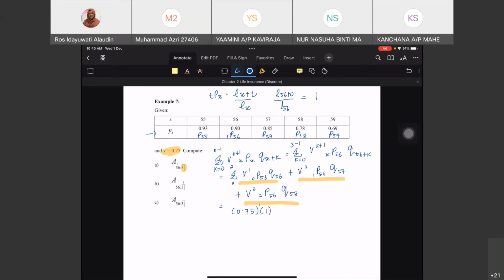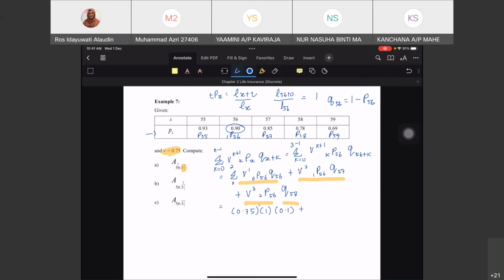Since we already know p56, we can also find q56. So q56 is 1 minus p56, so 1 minus 0.9 is 0.1.